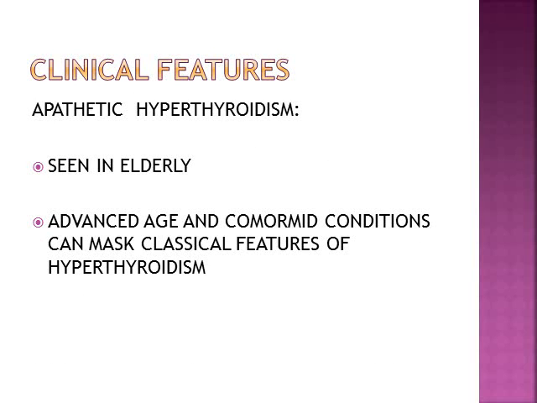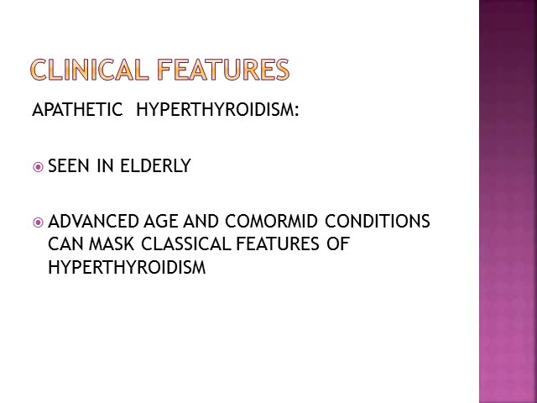Another type of hyperthyroidism you should know: not all thyrotoxicosis patients will come with classical findings like tachycardia, hypertension, dermopathy, exophthalmos. Some patients, especially elderly patients with comorbid conditions, may not present with a classical clinical picture.